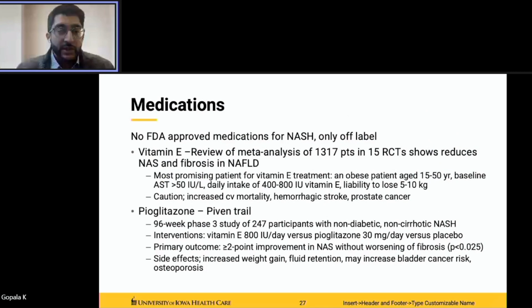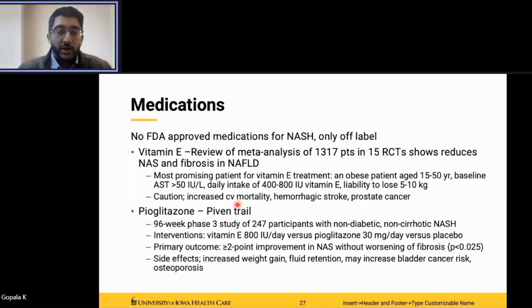So again, medications specifically for NASH, there's actually none that are technically FDA approved. They're all off-label. And there's evidence for vitamin E on a review of meta-analyses in 15 randomized controlled studies that showed vitamin E of 400 to 800 units daily can be beneficial, especially in patients with these risk factors.